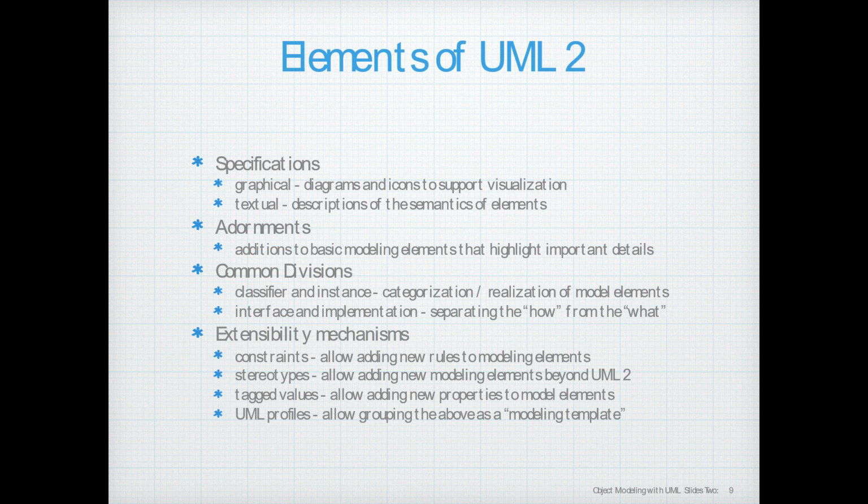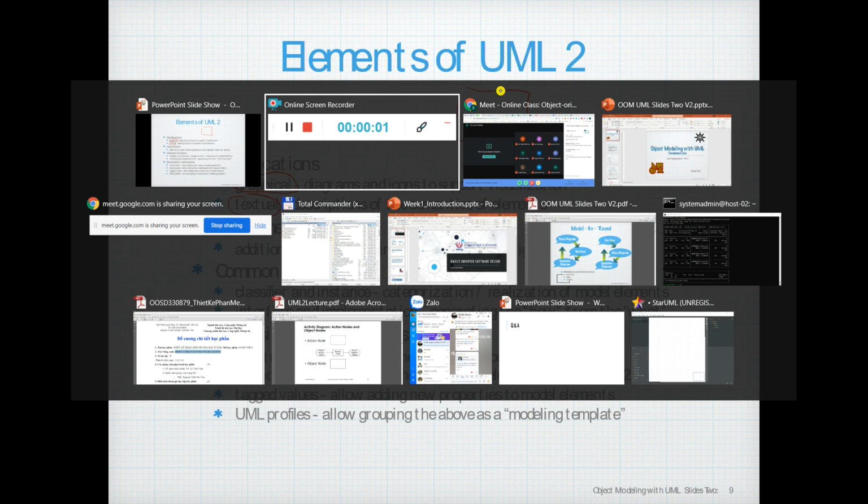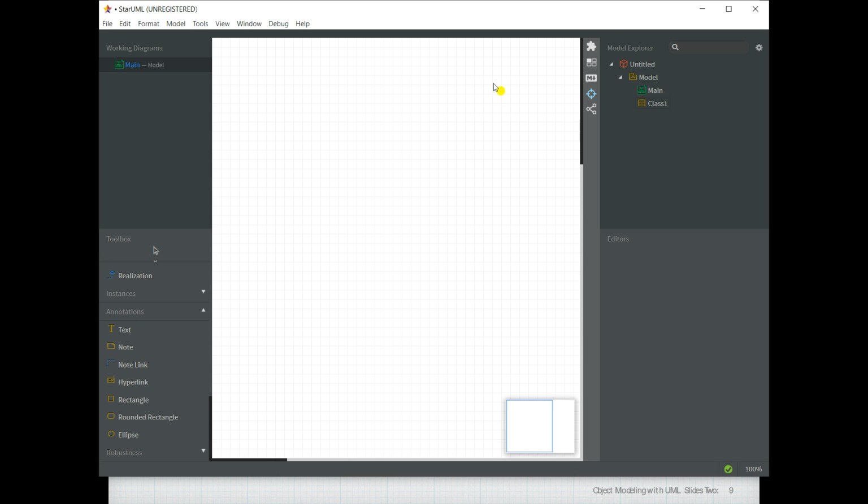Some elements of UML 2. First is specification in graphical and textual. Graphical shows diagrams and icons to support visualization, such as you can see from the software StarUML.